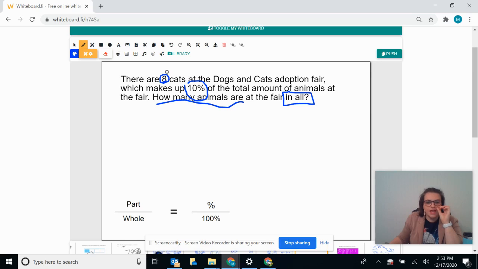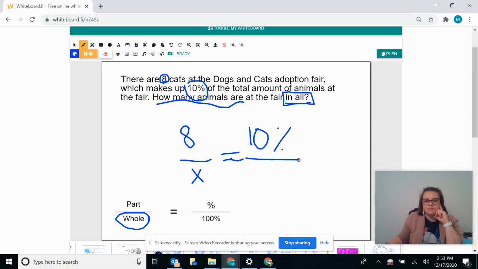Oh, but it says that the 8 cats make up 10%. 8 cats only make up 10% of the total amount. And it asks us how many animals are at the fair in all. So we don't know our whole because we don't know the in all. All right, so we can do 8 over something equals, and our 10% goes in the percent slot, 10%.